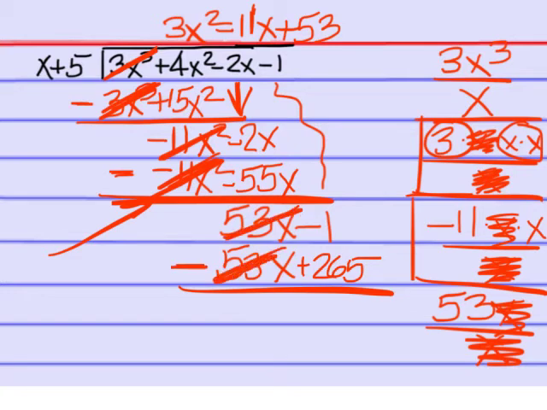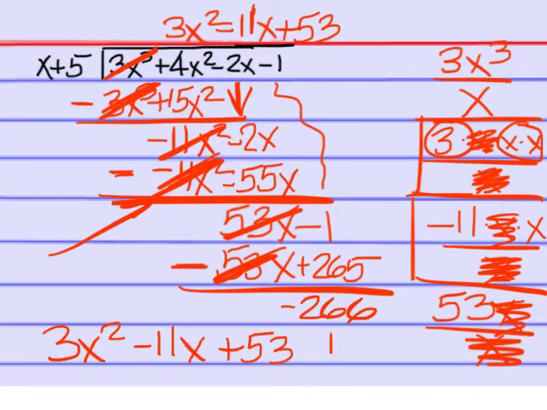These cancel out. And negative 1 minus 265 is a negative 266. So your final answer is 3x squared minus 11x plus 53 and a remainder of negative 266.